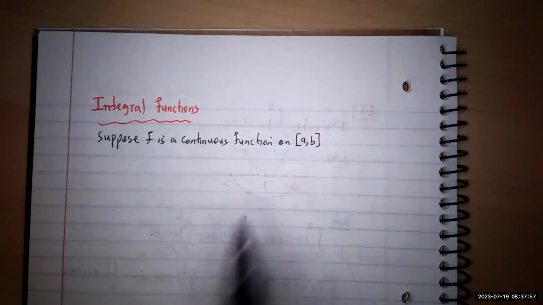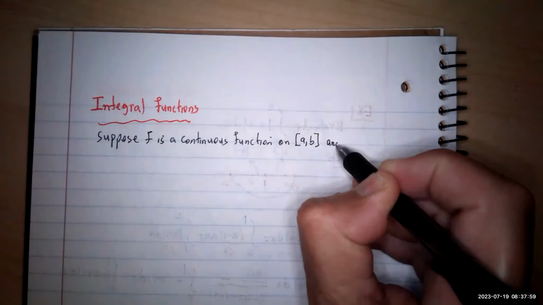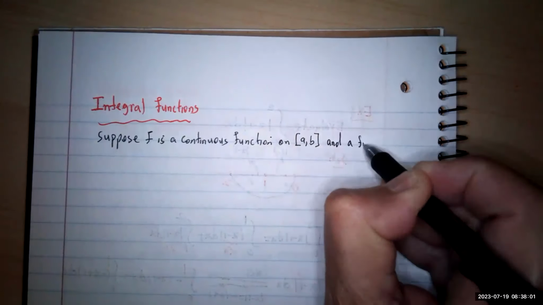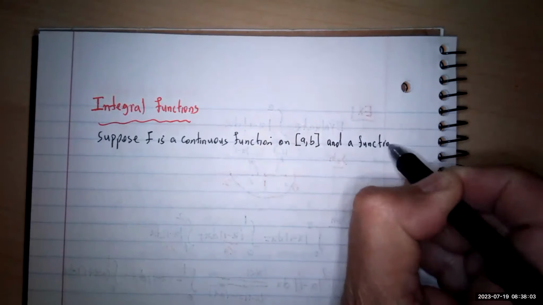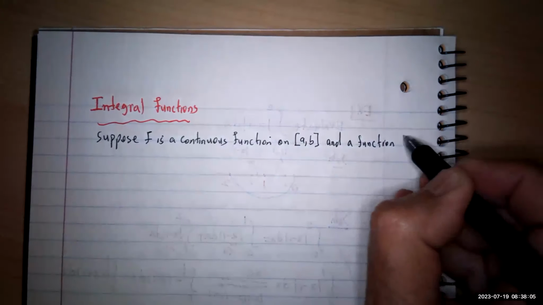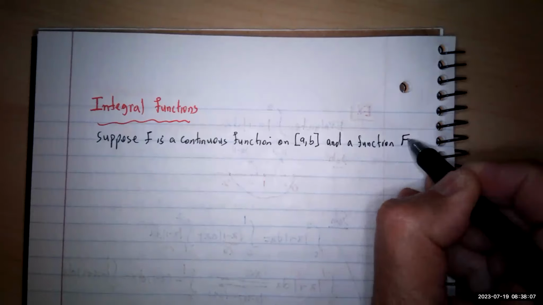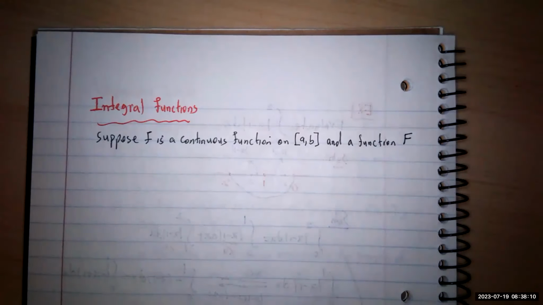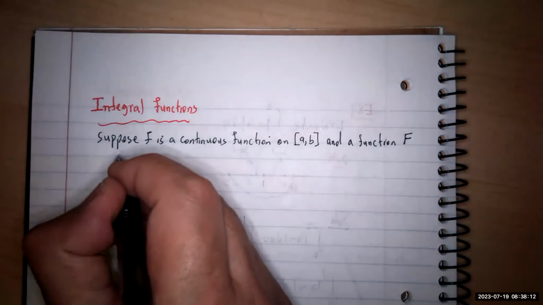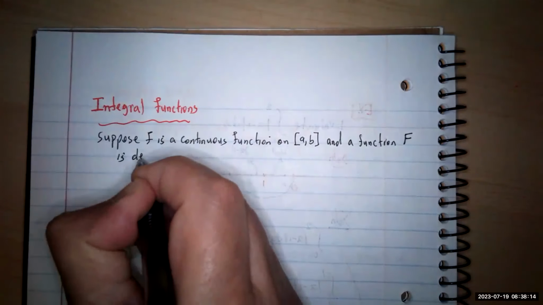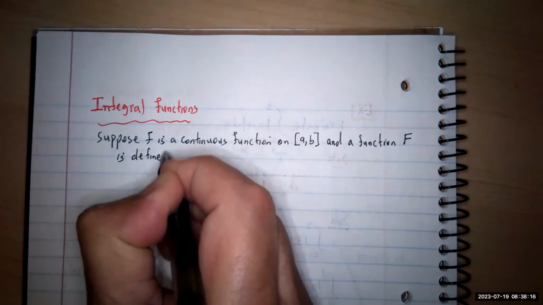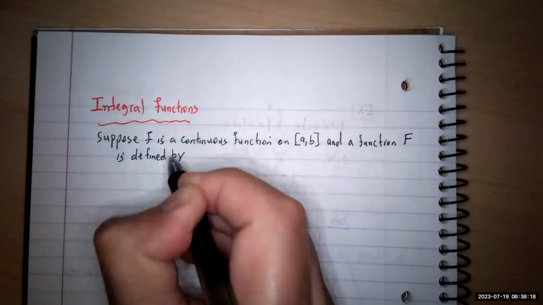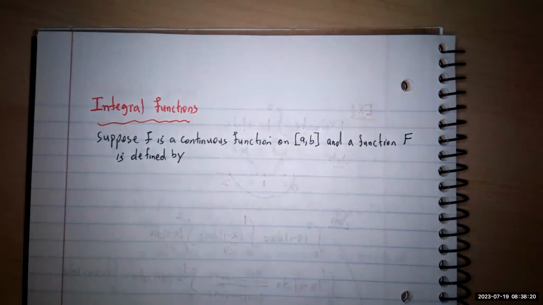Now I'm going to introduce another function. I'm going to use a capital F for this one. It is going to be defined by this formula. Look at the definition of the function.